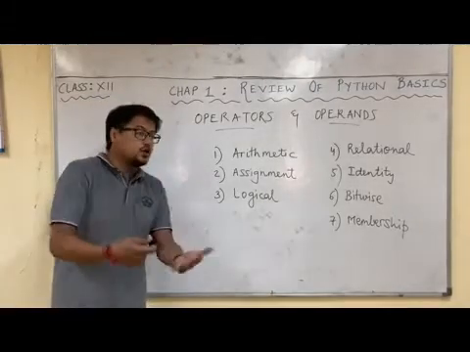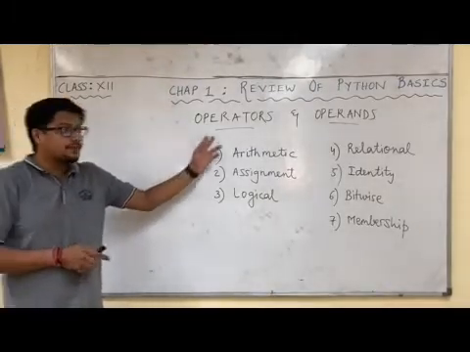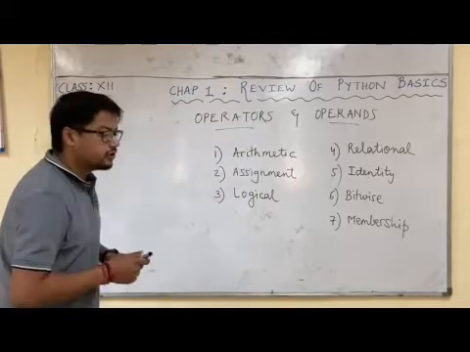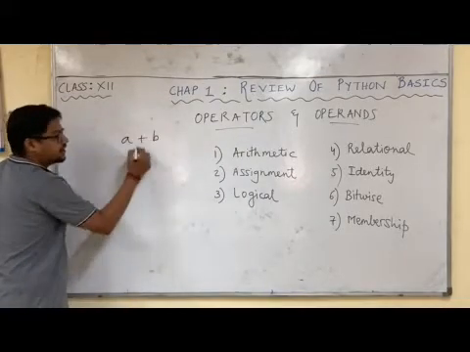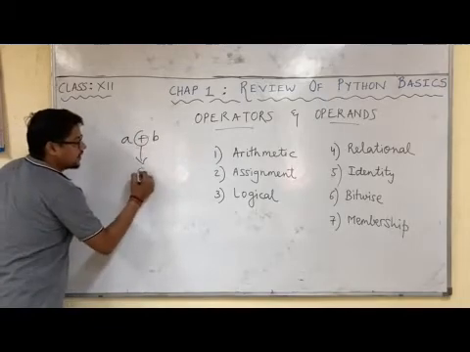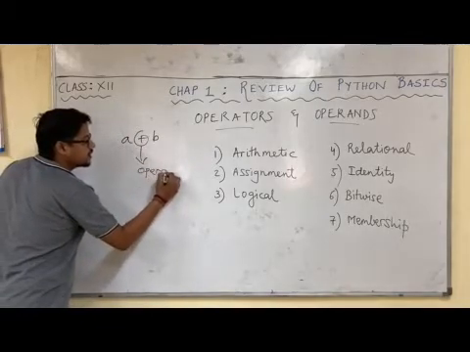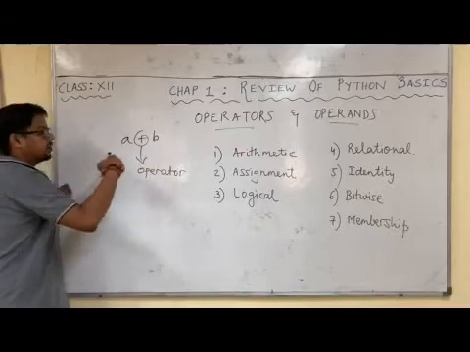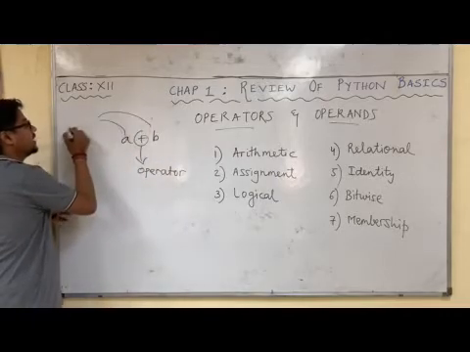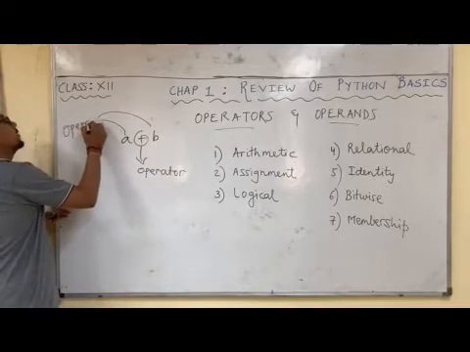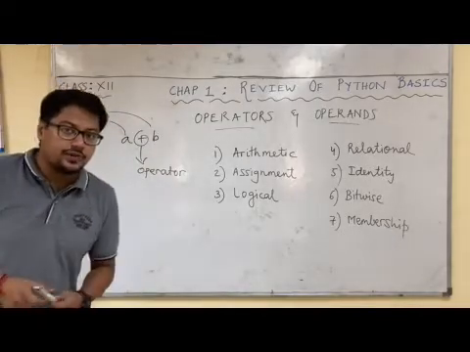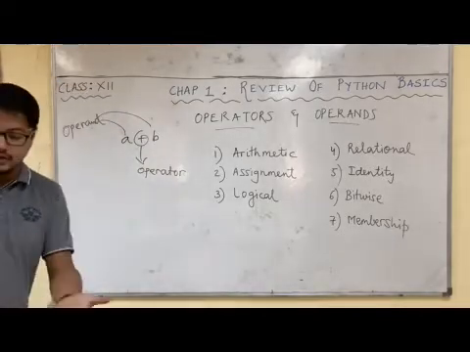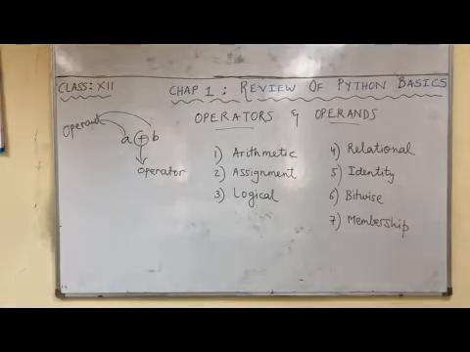The next small topic that we are going to discuss is operators and operands. Those who have forgotten what these are, suppose we are taking an example A plus B, correct? Here addition or plus is the operator, and whatever it is working on, that is A and B, are operands. Okay. In 11th standard we saw all these types of operators, so I won't be going into that much detail; you can revise on your own, students.